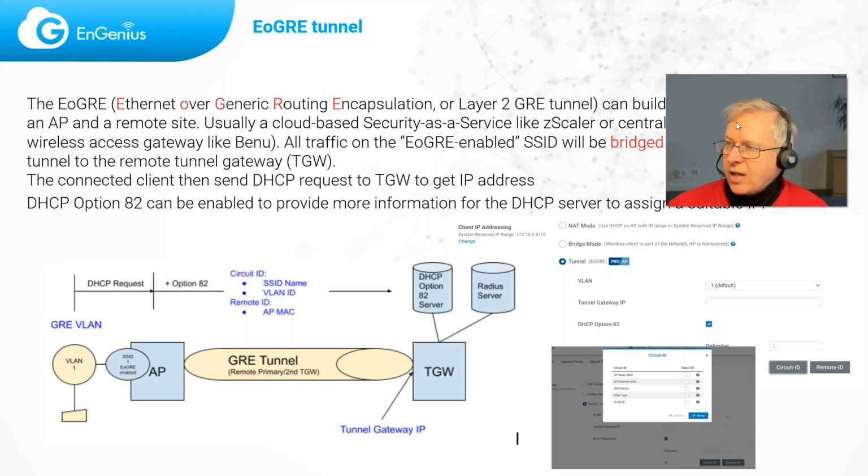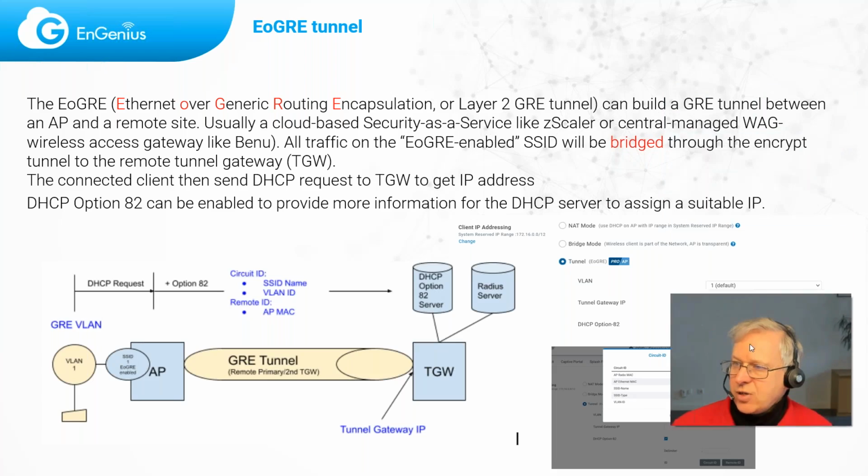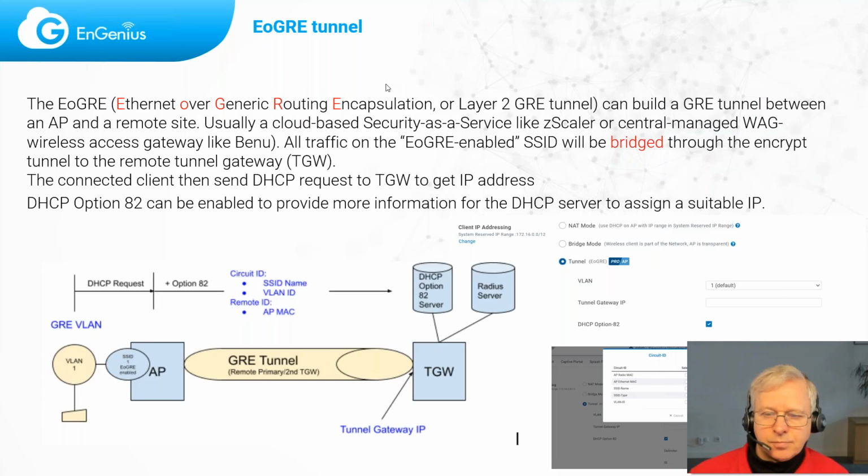You can configure something with the circuit ID and also with the remote ID. You can select what information will be included for use by the DHCP server. We do not have a gateway which supports this ourselves, so you have to look elsewhere, like Zscaler or Benu, to have this. But because this is a bridged thing, all the traffic that is connecting to the SSID will go to the other side, which makes it a pretty transparent solution.